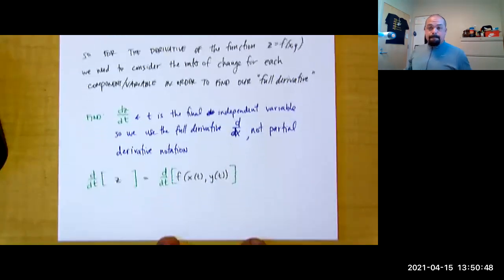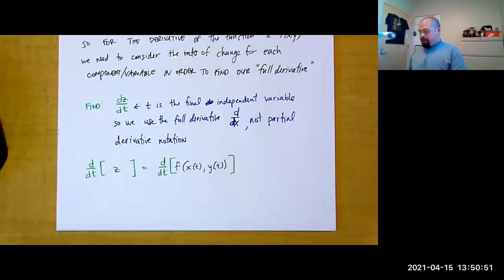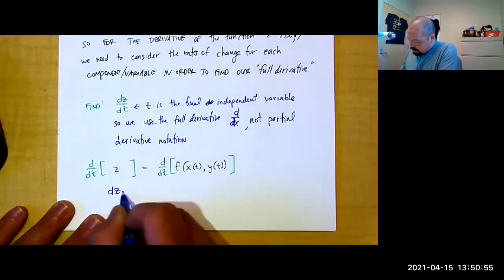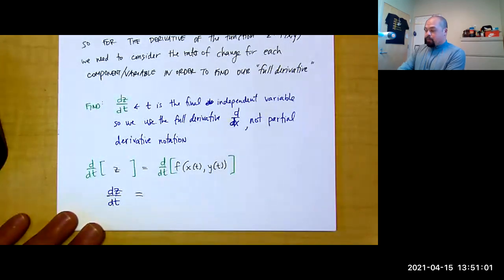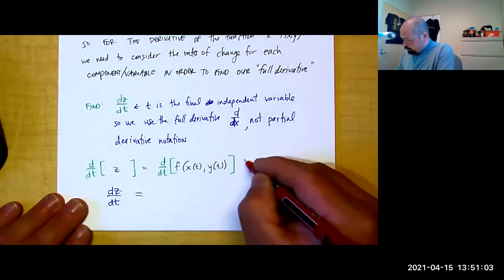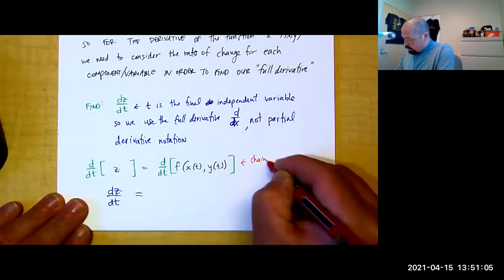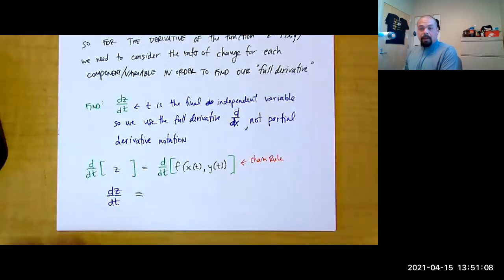If we take that derivative on this side, we're going to get our dz dt, that derivative. And now this is when our chain rule shows up.